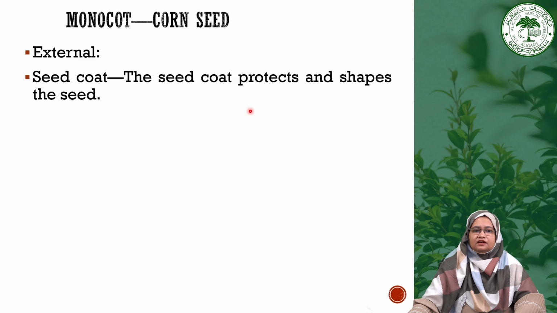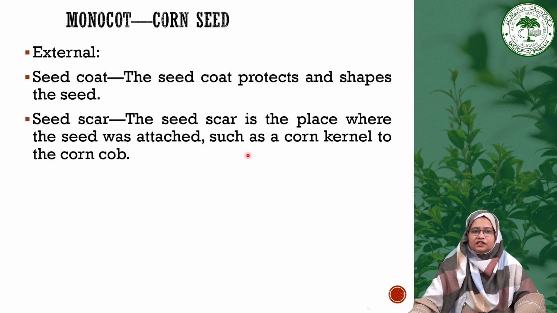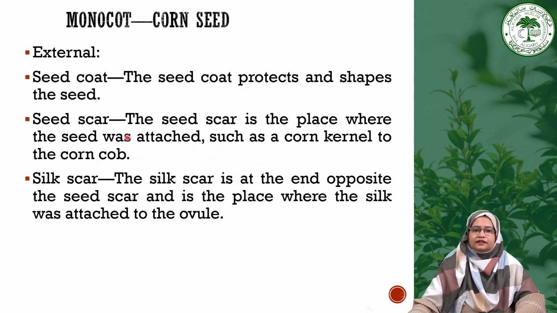This seed coat protects and shapes the seed. There is also a seed scar, the place where the seed was attached to the kernel or corn cob, and the silk scar, the position where the silk was attached to the ovule, as we have seen earlier.